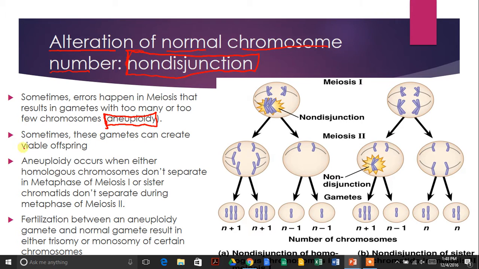Sometimes these gametes can create viable offspring. So if I have a gamete that has 24 chromosomes instead of 23, and it combines with a normal gamete that has 23 chromosomes from the other partner, the offspring would then have 24 plus 23, or 47 chromosomes.